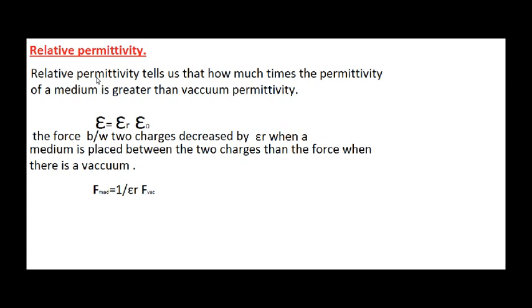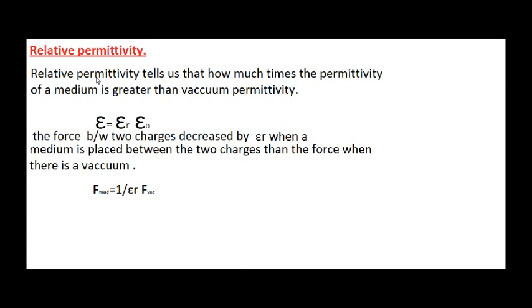Now there are other media, and the relative permittivity of a medium tells us how much the permittivity, and the resistance of this medium to an external electric field, is greater than the resistance of vacuum to electric field lines.